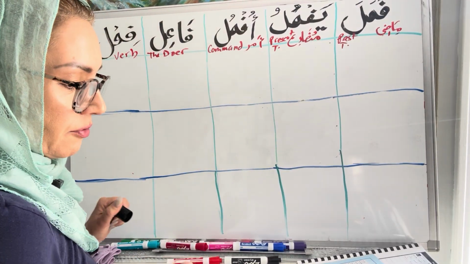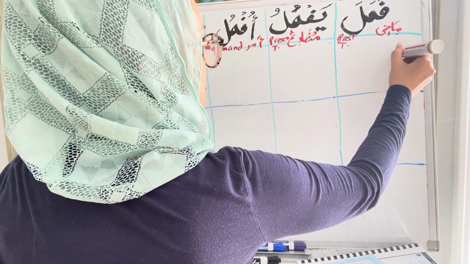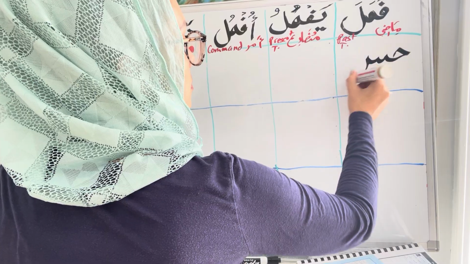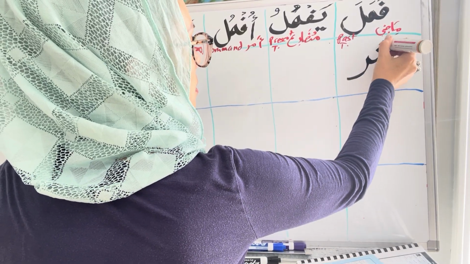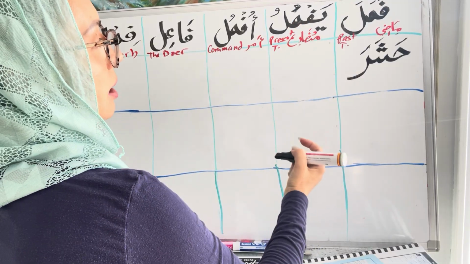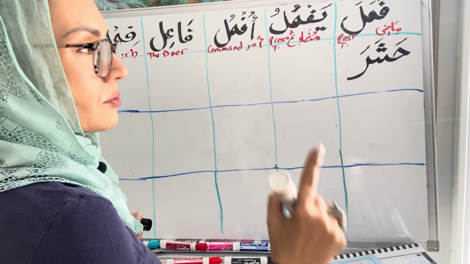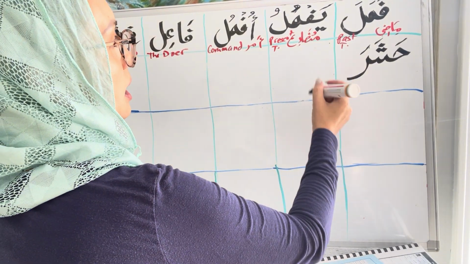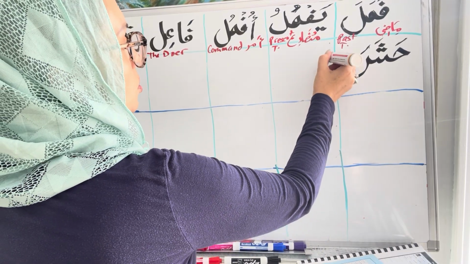Okay, next word we have is hashara. And then we're going to put it in this pattern. This is bab nasara yansuru. So this is hashara, yahshuru.